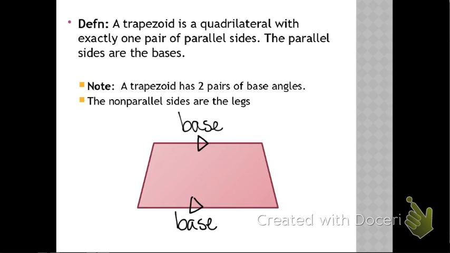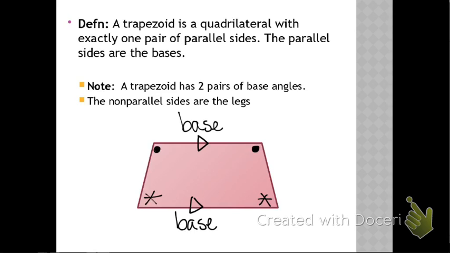Okay, we've got our bases, which means it has two pairs of base angles. So the base angles are on the same base. So I'll put a star in these two. Those two base angles are related to each other. And then this up here, I'll make little circles. This is another pair of base angles.